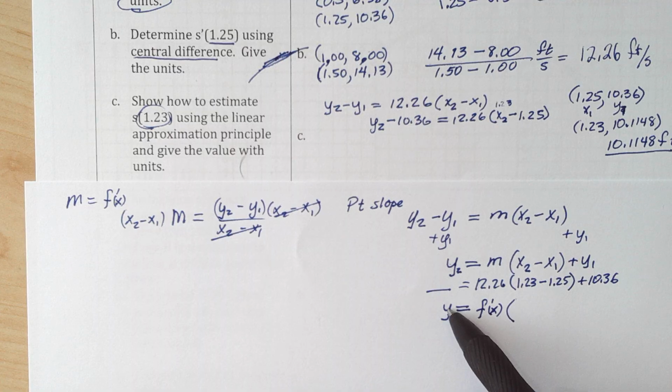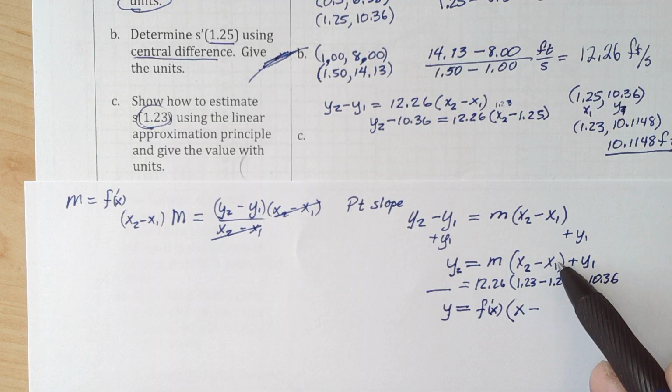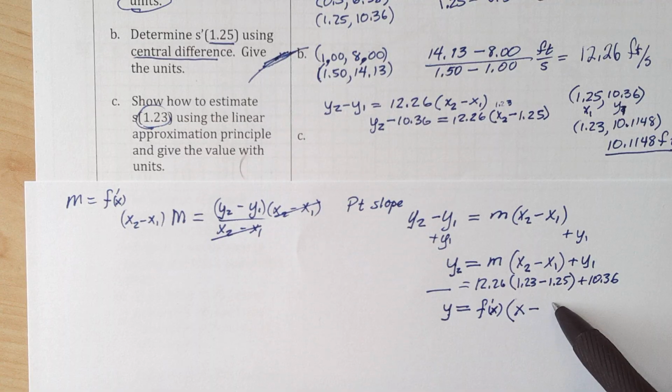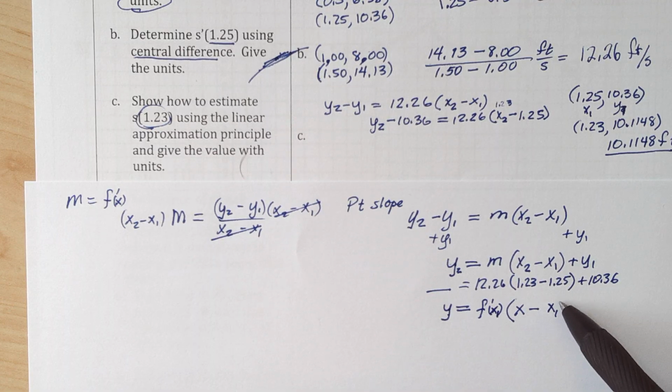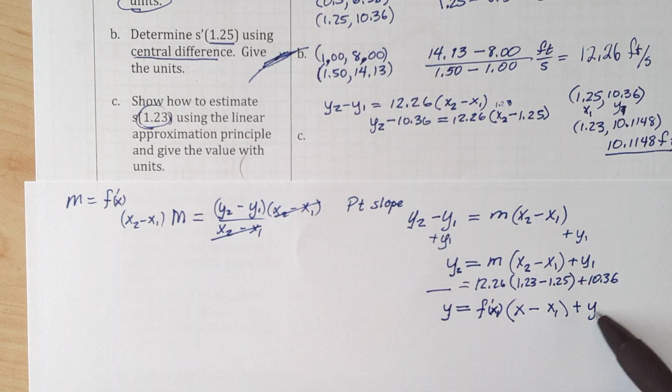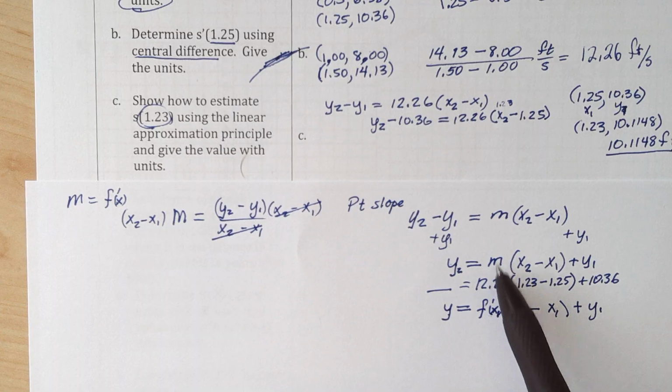We're trying to find the y value at a new place, and that's the new place. They call that x minus the location where we do know the slope, which is at 1.25, but I'll put x1 and x1 here, and plus y1. So they write the same thing, only using f prime for the m.